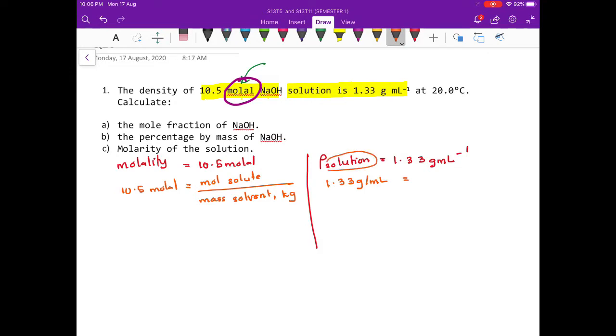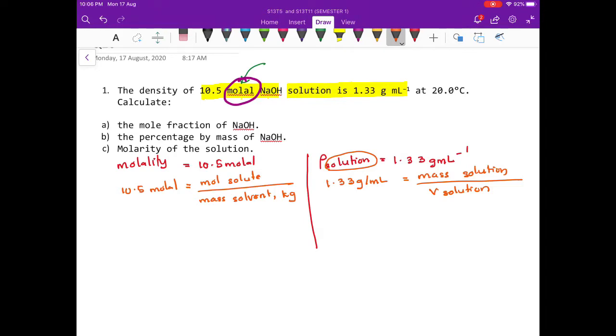Since it is solution, it is mass solution over volume solution. So this is the first half.